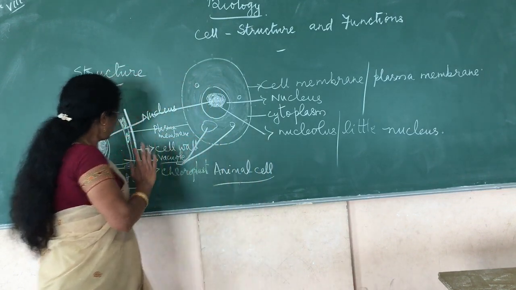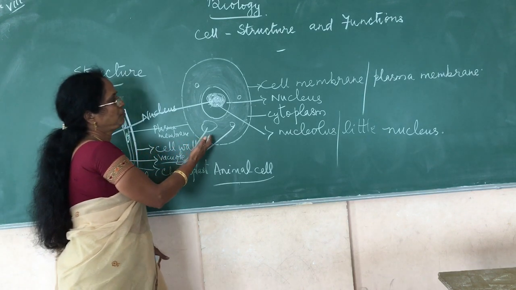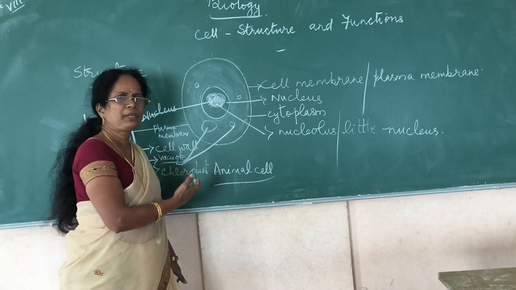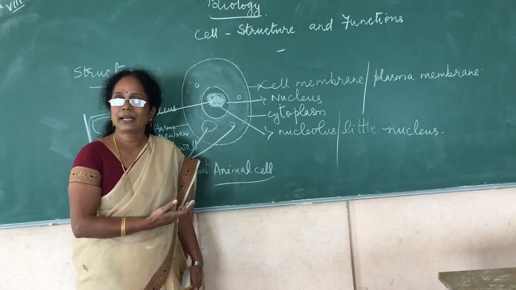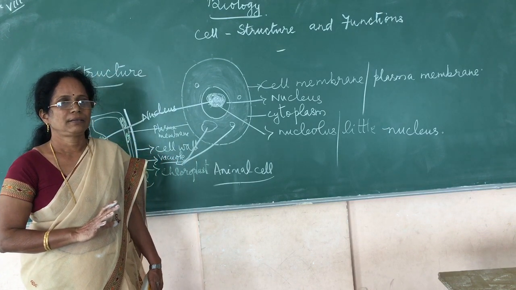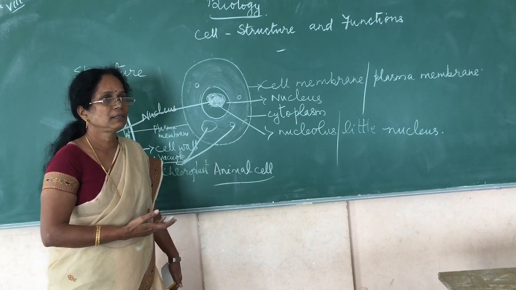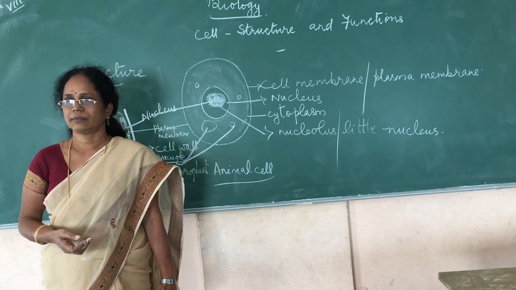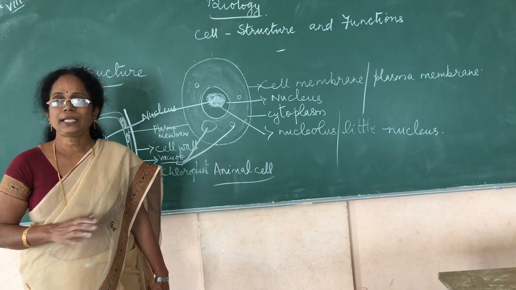See, all this, chloroplast, nucleus, vacuole, lysosomes, endoplasmic reticulum, Golgi apparatus, all these are organelles. What is the difference between organelle and organ? We all have nose, eyes, heart, ears, liver, intestine, stomach.